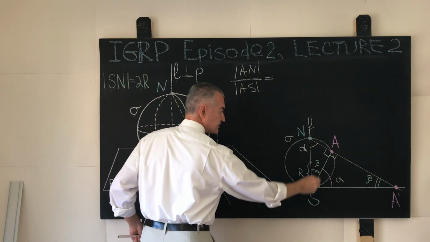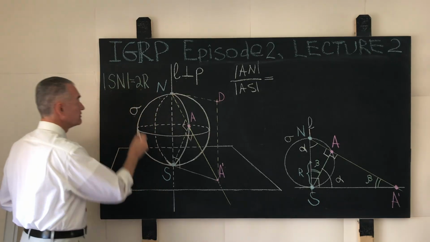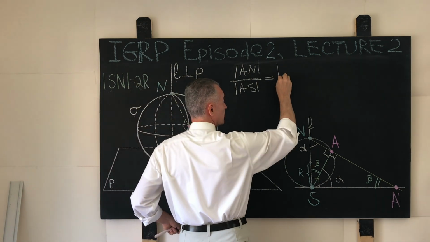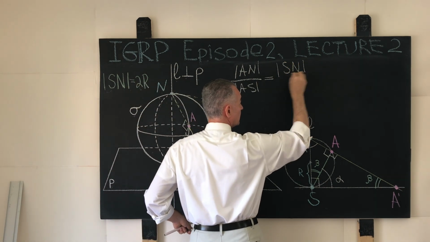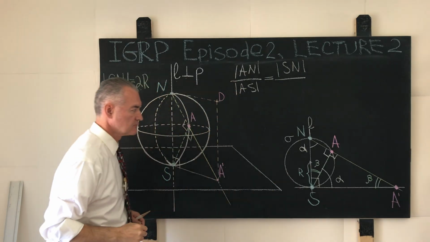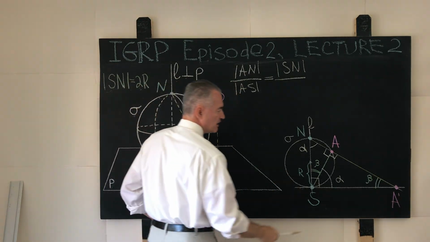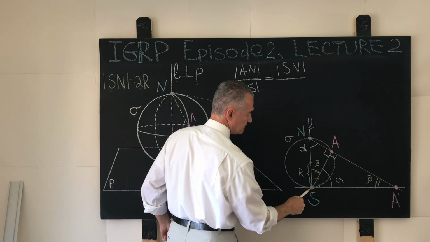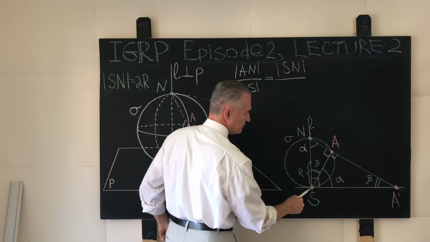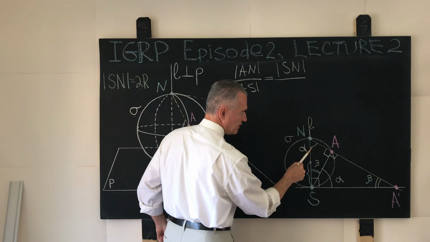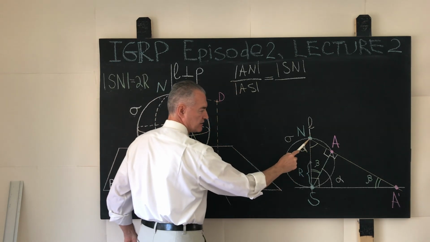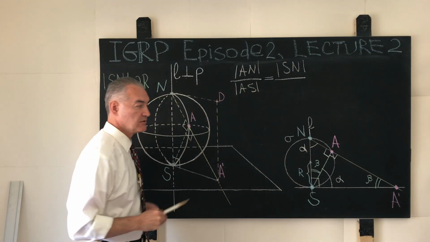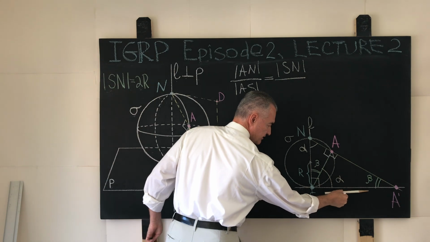Well, it's the side SN. And what is the side SN? The length of the side SN is 2R, precisely. So we write down SN divided by what? By the side that lies against AS, the side that lies against what angle? The angle alpha. And which side in the triangle NSA prime lies against the shared angle alpha? Evidently, that is the side SA prime.